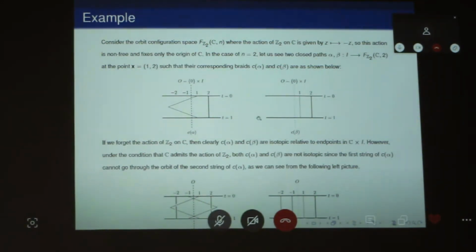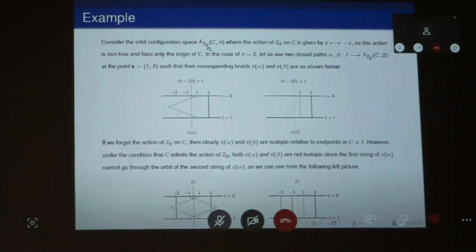If we forget the G action, these two braids are the same up to isotopy, because you can deform this string, going around this way, and finally this braid can be changed into this one.